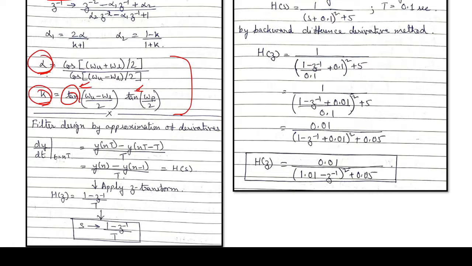Then using alpha and k, you calculate alpha 1 and alpha 2, and in this equation you put the values of alpha 1 and alpha 2 to get the transformation equation.